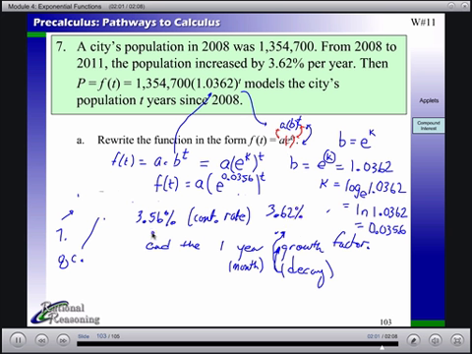Why? So why do we have these two different percentages? What is the continuous rate? Why is it less than the actual rate of growth?